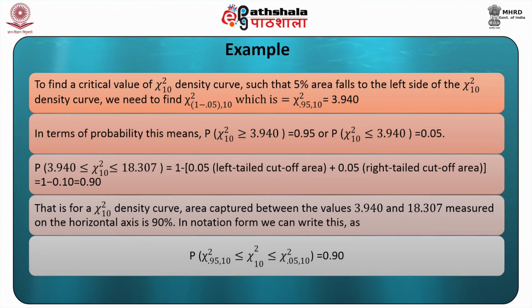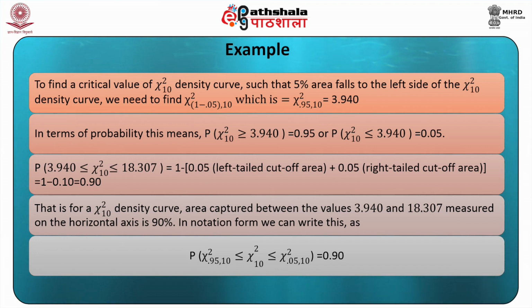So for example, to find a critical value of chi-square 10 density curve such that 5% area falls to the left side of the chi-square 10 density curve, we need to find chi-square 1 minus 0.05 comma 10, which is chi-square 0.95 comma 10, or which can be interpreted as chi-square degrees of freedom with 10 and 95% critical area.